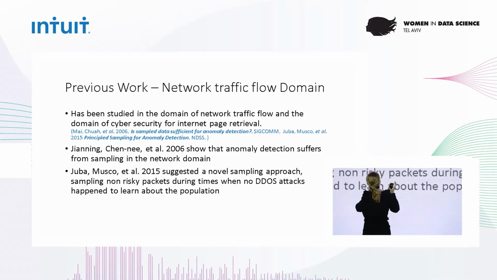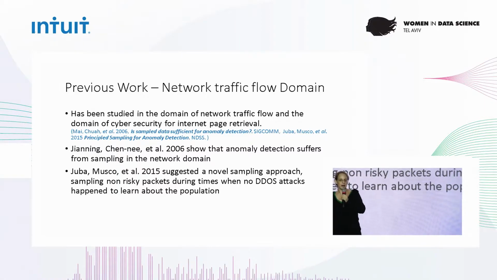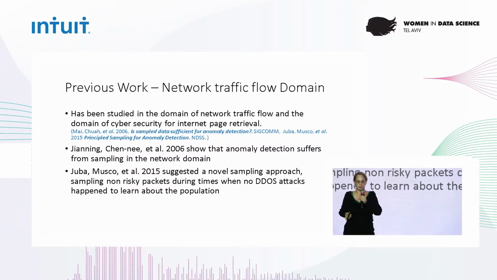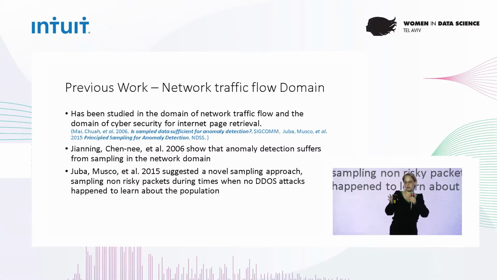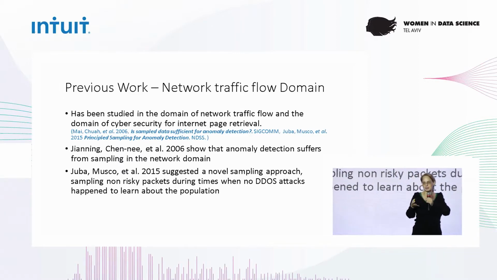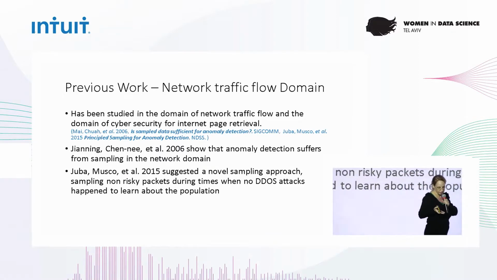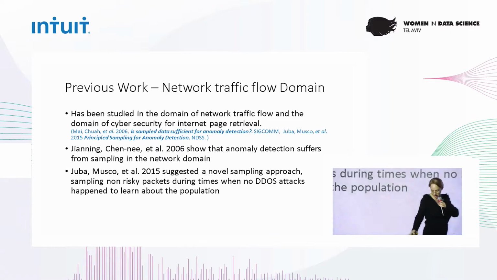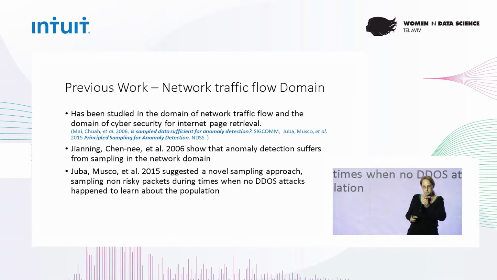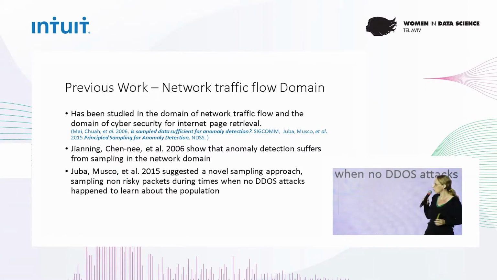Previous work in the field is also mostly done in the domain of network traffic flows. And they all show that when sampling, we add bias to the anomaly detection. So we want to try to avoid that. I found interesting research in 2015 by Juba and Moscow. They offered a new approach for sampling.